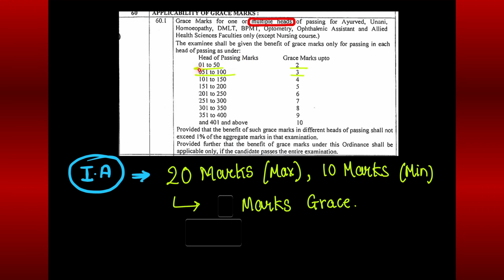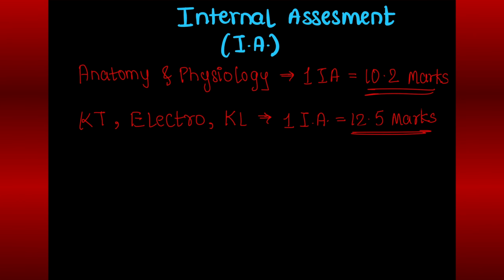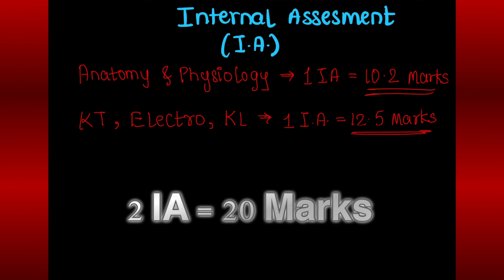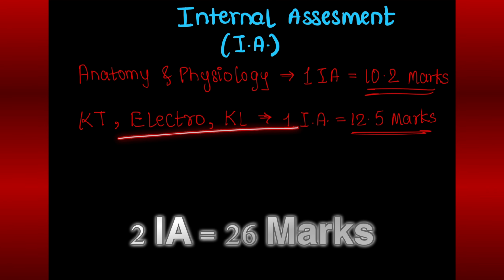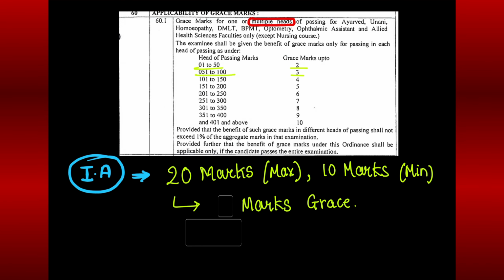Now your IA comes under this category, 1 to 50 marks. So you will be getting 2 grace marks, and 2 grace marks for anatomy and physiology, as I mentioned, is marks, and for these three subjects in marks.